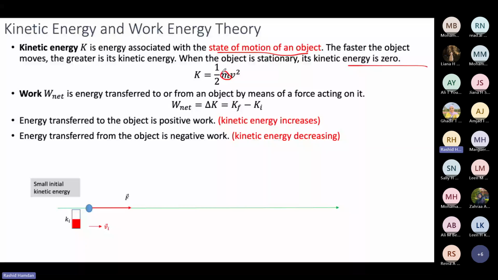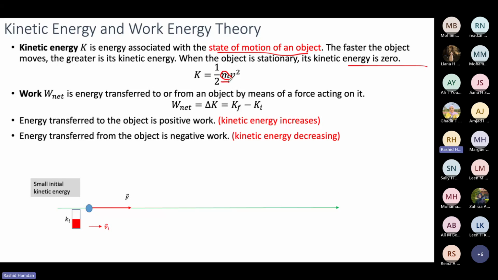But if we have a large object that is moving, it would have a much larger energy. And this brings us also to the idea that mass is the resistance to the change of motion. So if I want to increase the speed of an object from 0 to 100, I need to give it energy. But the energy I need to give it is proportional to this v squared, but it's also proportional to m.